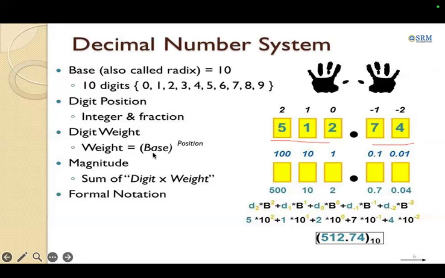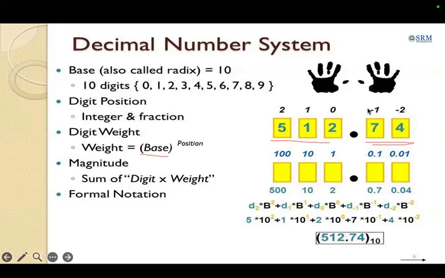And how is the weightage given? Base to the power of position. We have seen R power 0, R power 1, R power 2, R power 3. The positions for the integer part start from LSB 0, then 1, 2, 3, up to n minus 1. Similarly, the positions for the fractional part start from -1, next to the dot.